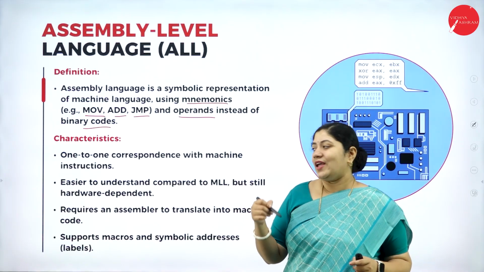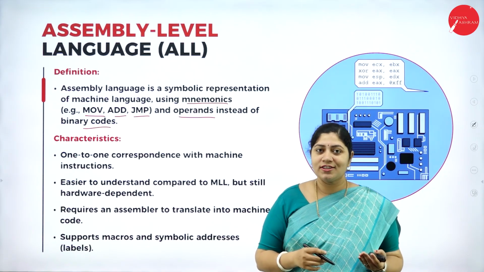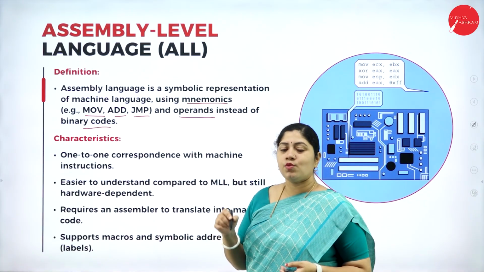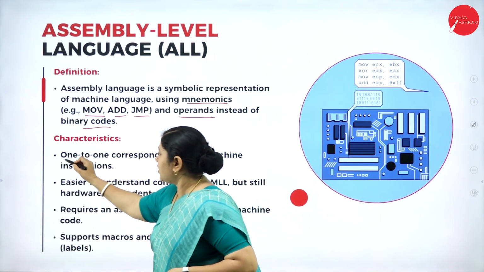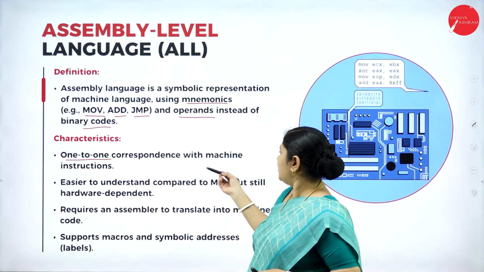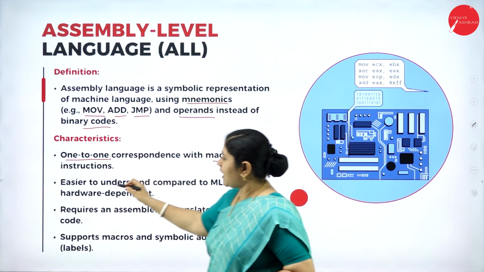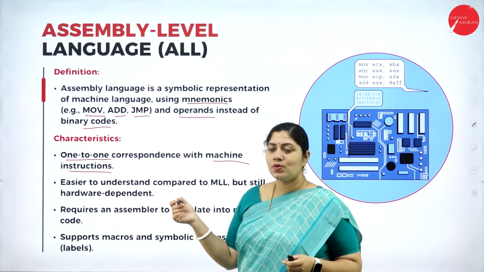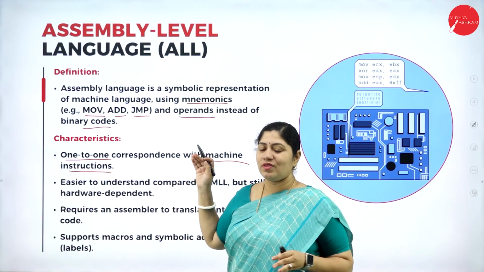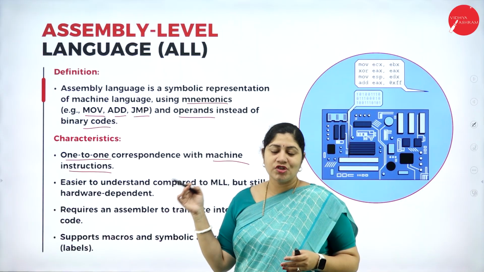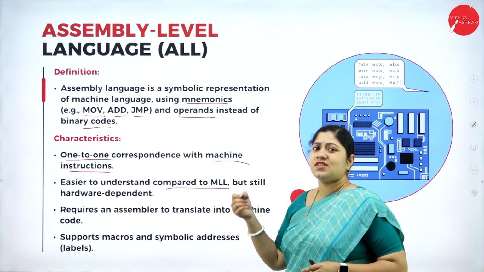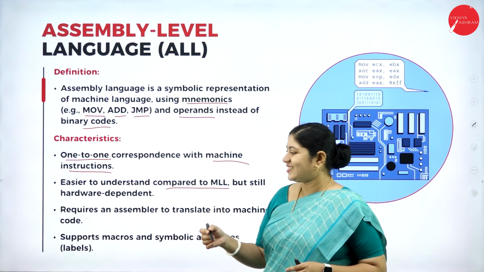Clear, right? So let's head up and understand the characteristics of this assembly level language. The first characteristic is one-to-one, that is, it corresponds exactly with the machine instructions. So that's the first characteristic. Up next is one of the best advantages of this ALL: it is easy to understand compared to MLL, but it's still hardware dependent.